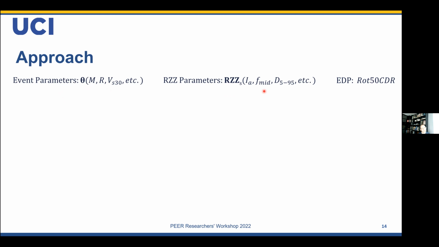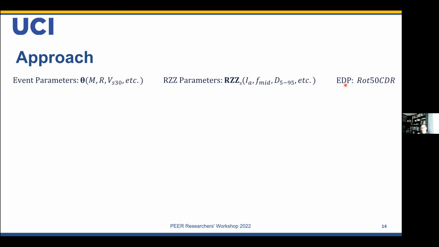And eventually the EDP, which is what we call Rod 50 CDR, which is equivalent to Rod 50 SA, is the response of the column of a bridge in terms of drift, but at the 50 percentile. The same way that you get SA 50, you get Rod 50 CDR.